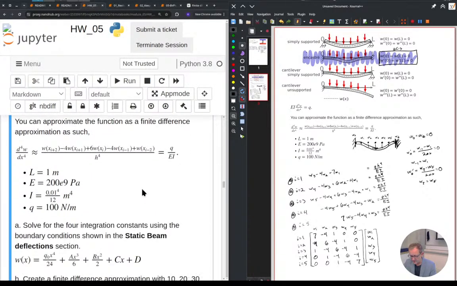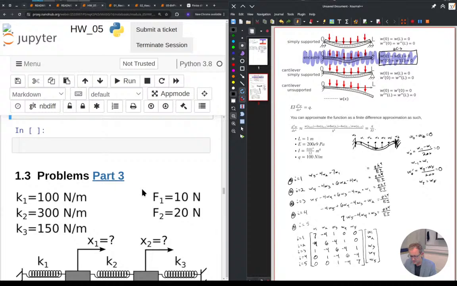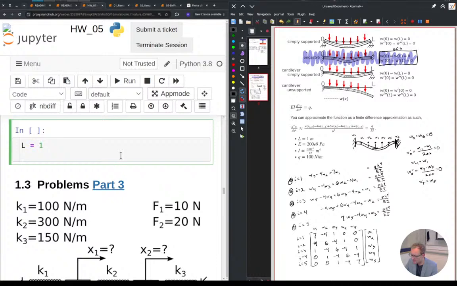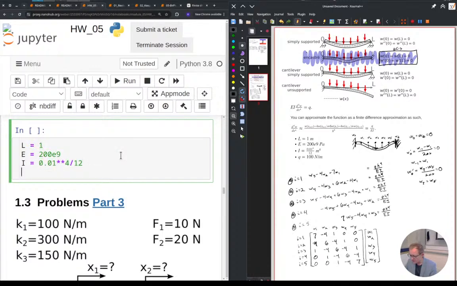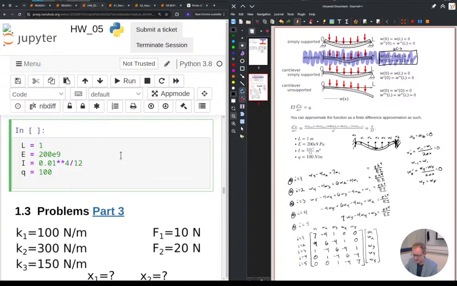Homework 5. L equals 1. E equals 200 E9. I equals 0.01 to the 4th over 12. Q is 100.